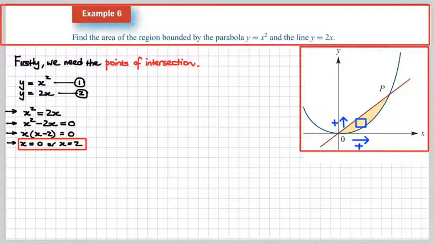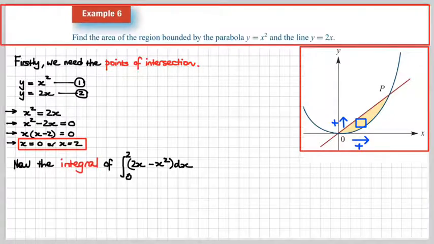So from that little bit of analysis, I can ensure that my integral is going to come out positive, and therefore I can quote that as my area. Now you see the way I've framed this. The integral is 2x minus x squared.